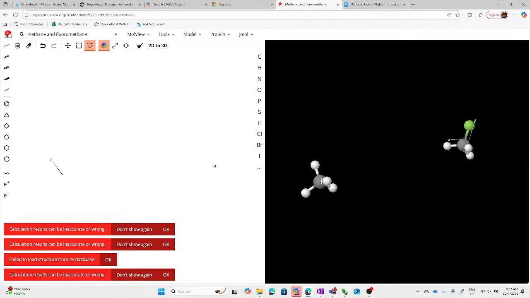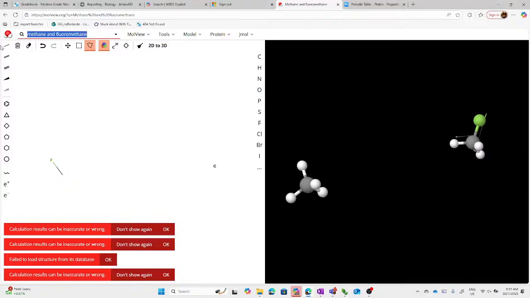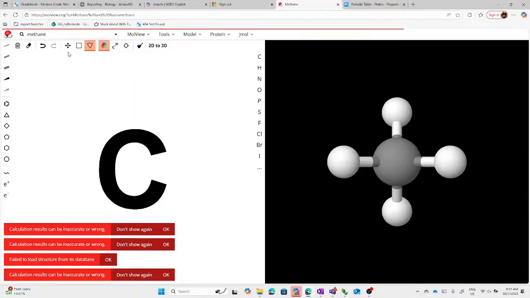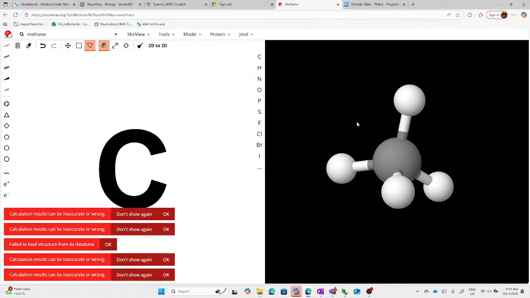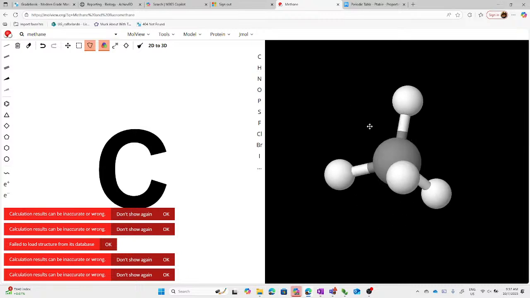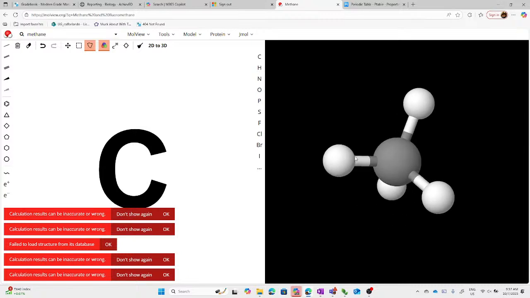But I'll just do methane by itself. Whereas with methane, if we put bond dipoles in here, it doesn't even bother because they just cancel out. They have to cancel out, right? Because they're symmetrical. Does that make sense?